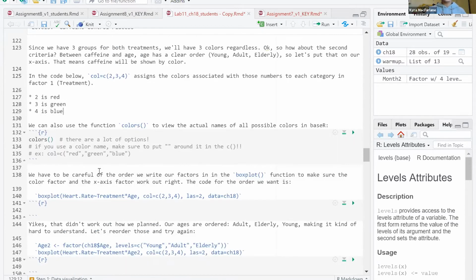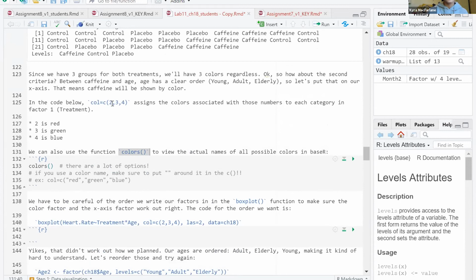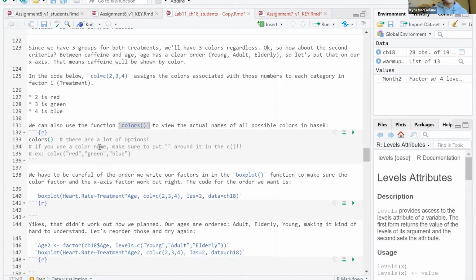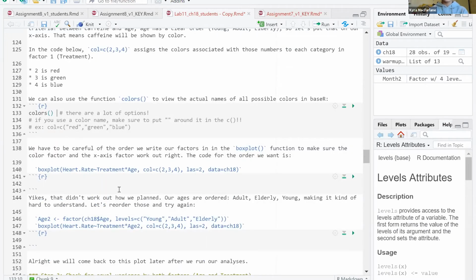However, I just wanted to show you this, and this is just an option for you. If you want, you can check out what the actual names of colors are in base R using this colors function. Again, this is totally optional. If you want to just stick to using numbers like this, that's fine. But I thought that I would also just give you this option.